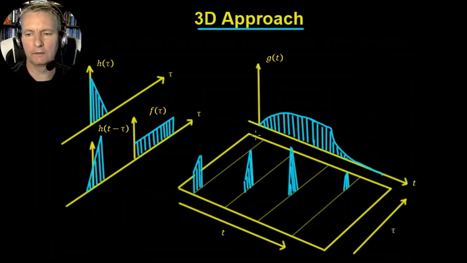But in order to get there, we introduce that dummy variable. So the dummy variable is shown in this direction here, so it sits at 90 degrees to this t-axis. So this is our dummy variable axis tau, and you can see that what we're going to do is we're going to slide this over the top of that one, and we'll form the product.